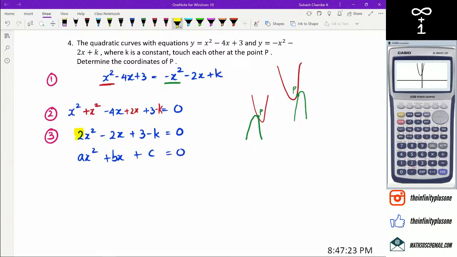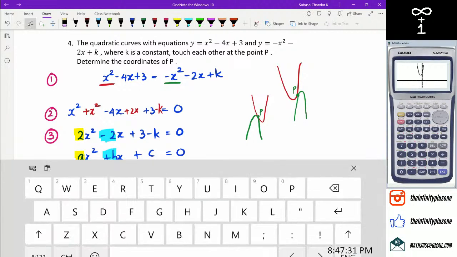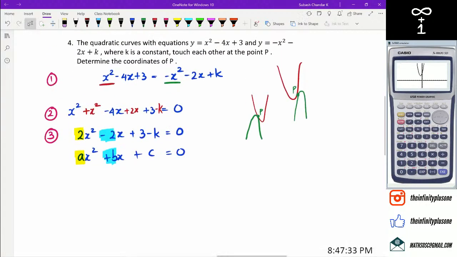In this case, my a value is 2, b is minus 2, and 3 minus k ends up being your c value.